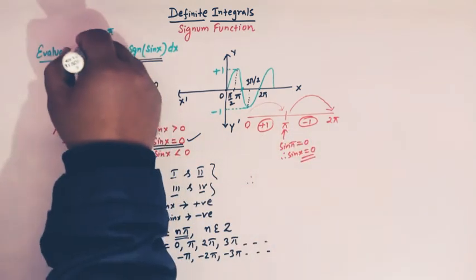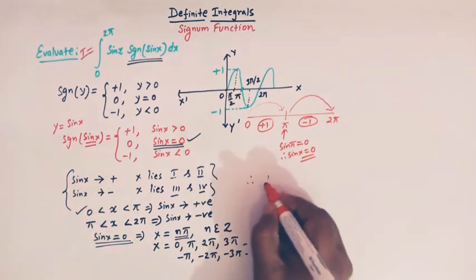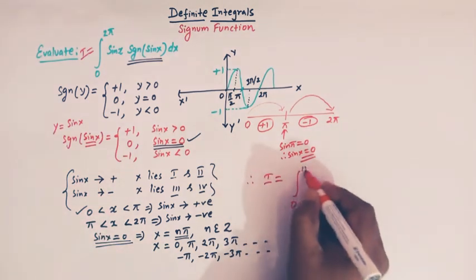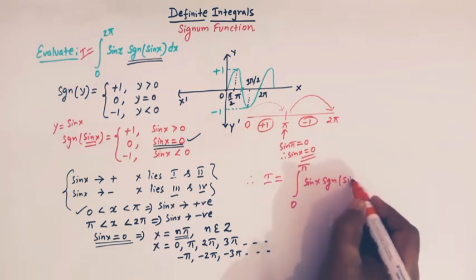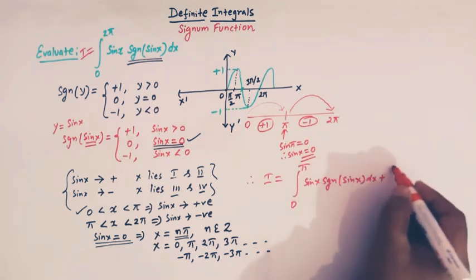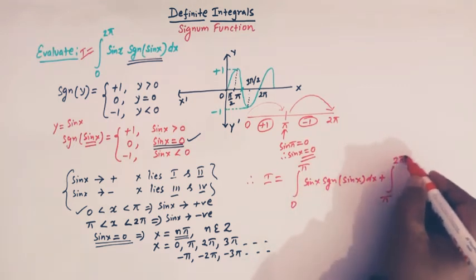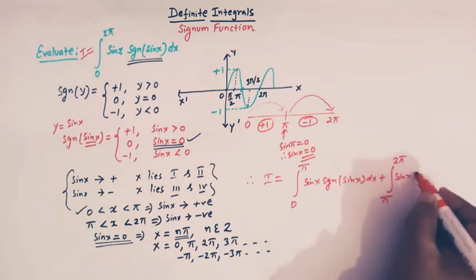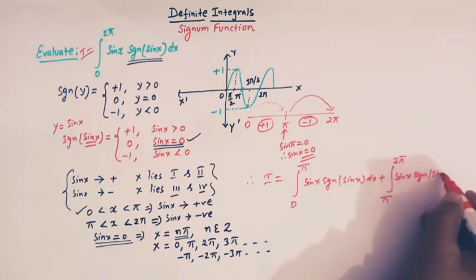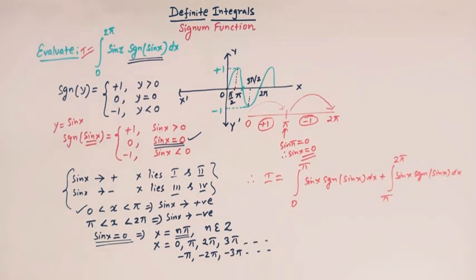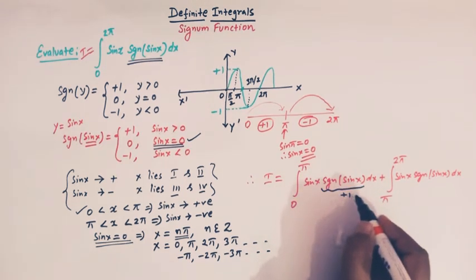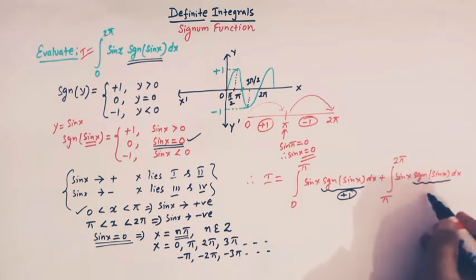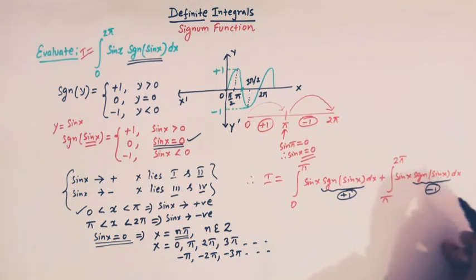Now let us call this integral I. So I is equal to the integral from 0 to pi of sine x signum of sine x dx, plus the integral from pi to 2 pi of sine x signum of sine x dx. For the first signum of sine x we can write positive 1, and for the second we can write negative 1.